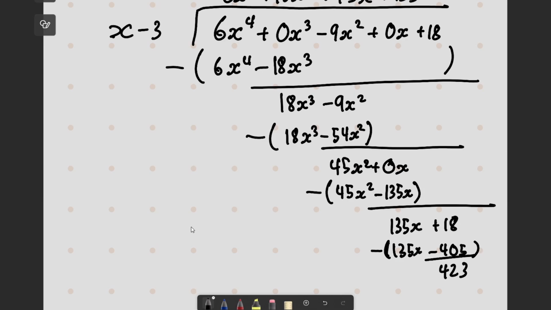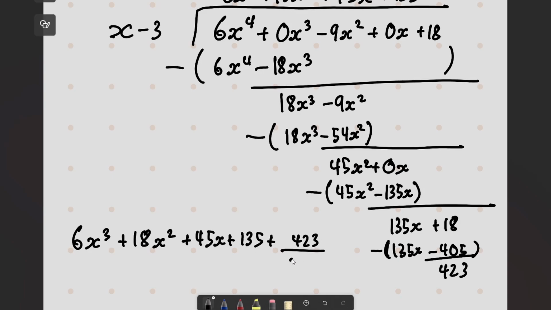And now you're going to get 6x cubed plus 18x squared plus 45x plus 135 plus 423 over x minus 3. And that is done.